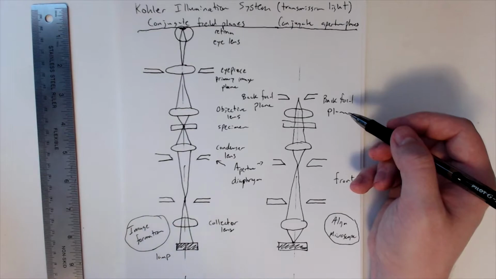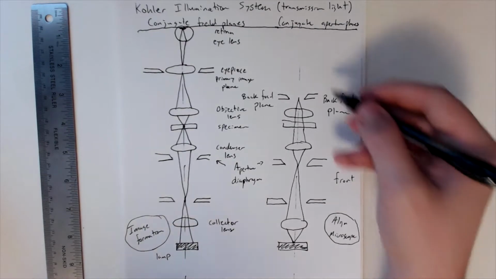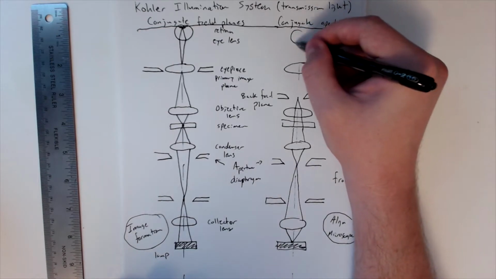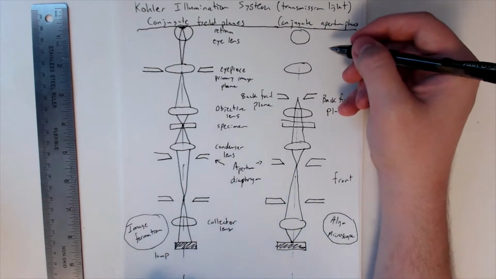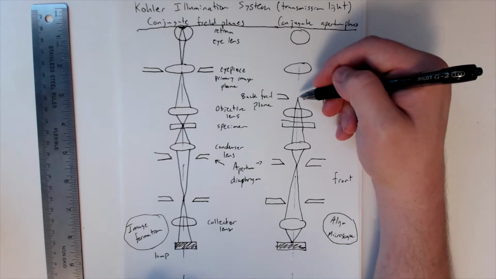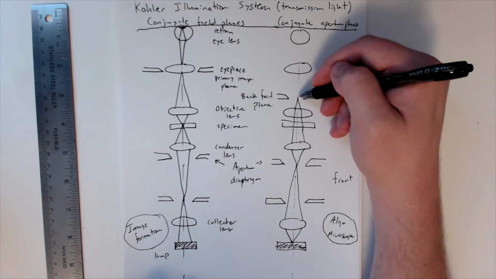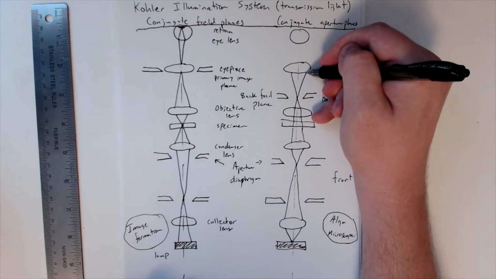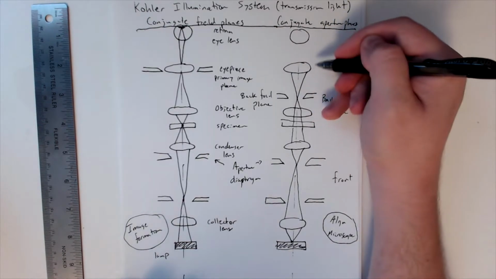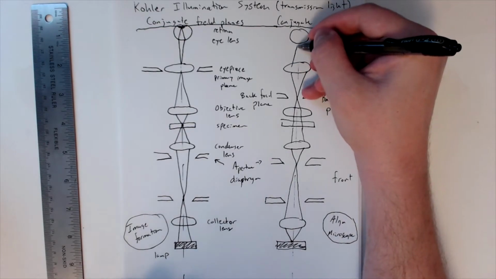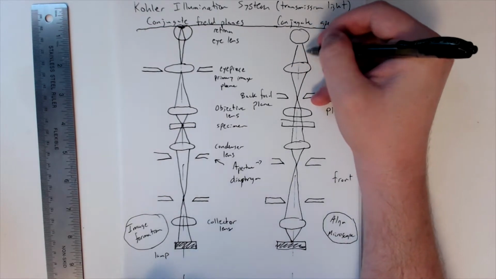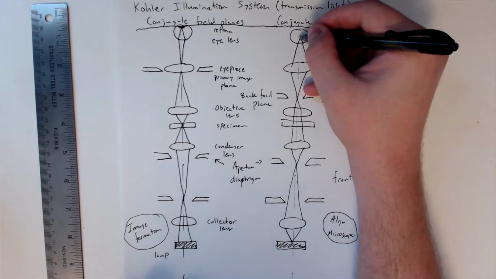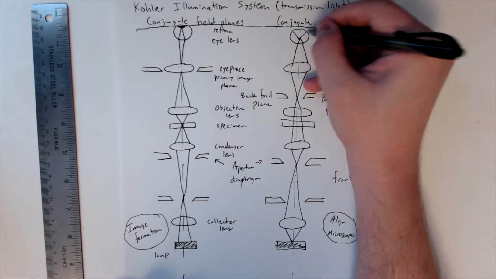All right, so from that point, we have the eyepiece left and obviously the eye to consider. So from the back focal plane, the light diverges to the eyepiece, and then it starts to converge to the eye, but it's actually converging in the middle, and then it diverges at the retina.